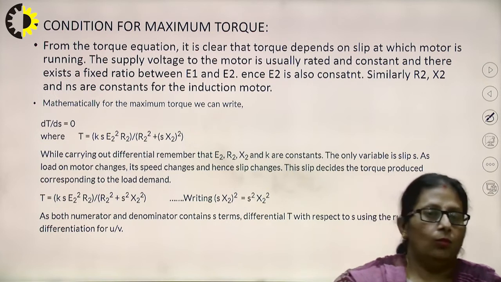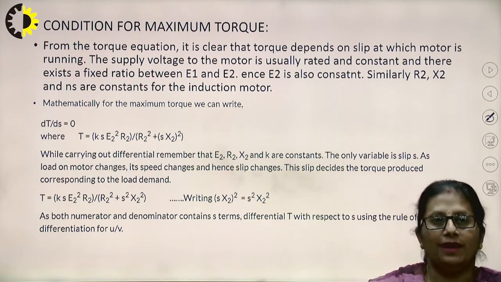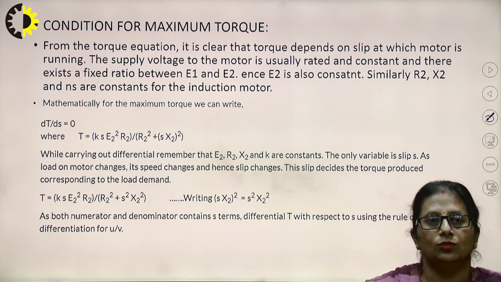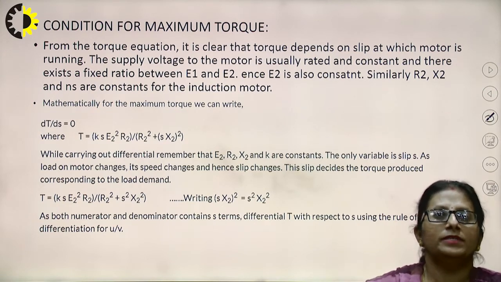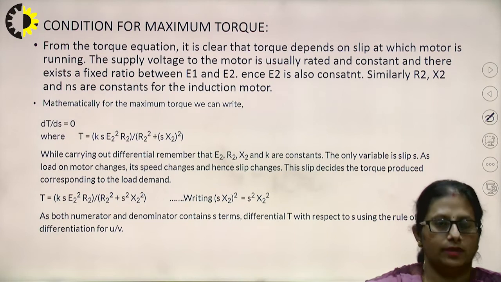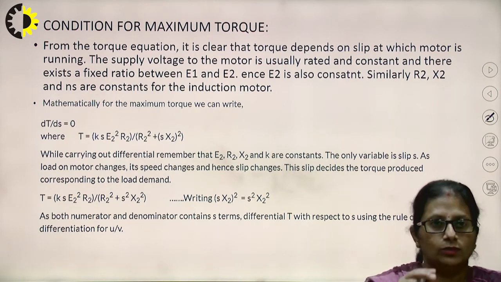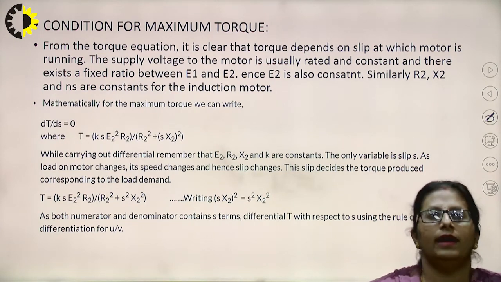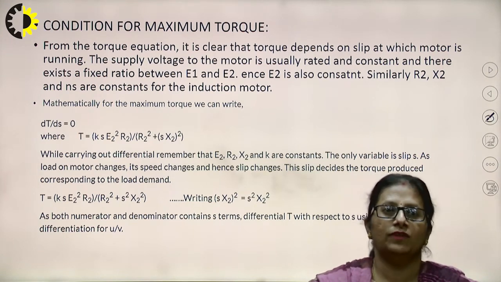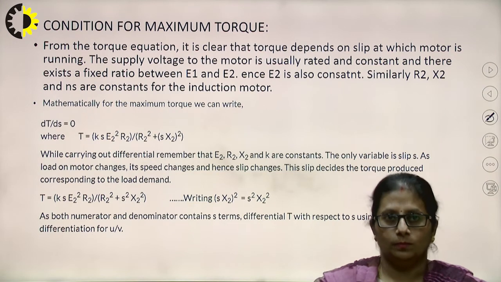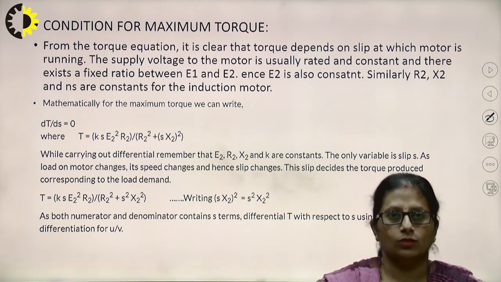Now, what is the condition to have the maximum torque in a three-phase induction motor? In the torque equation, we have seen that the torque depends upon the slip at which the motor is running, right? The supply voltage to the motor is usually rated and is constant. So, there exists a fixed relation between E1 and E2, as E2 is also constant.